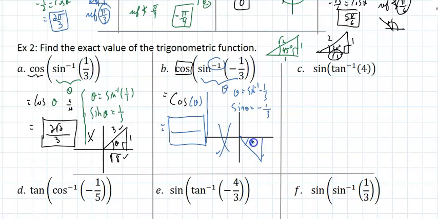My angle must be in quadrant 4. Opposite over hypotenuse, this is negative. This turns out to be radical 8, which is 2 radical 2. What's the cosine of that? The cosine of that is the adjacent over the hypotenuse. The cosine doesn't change. There it is. Now I'm going to stop this video here and continue in another video.